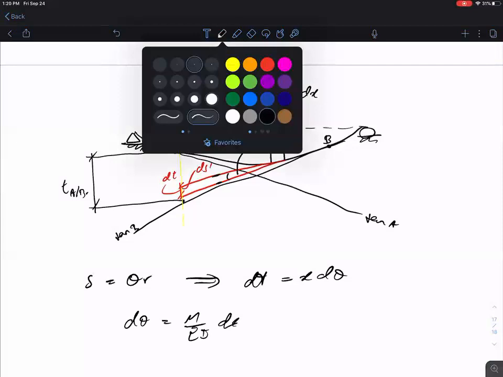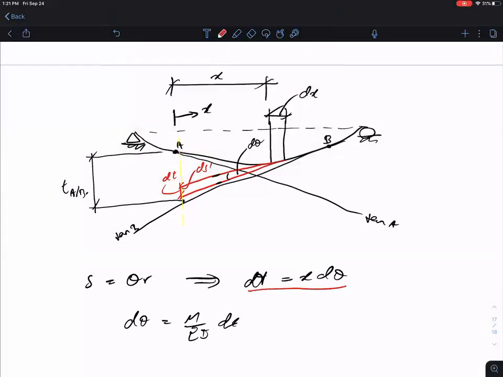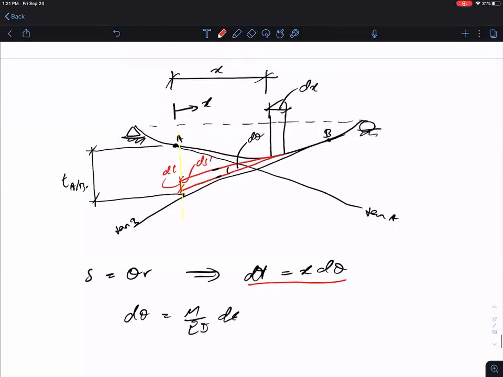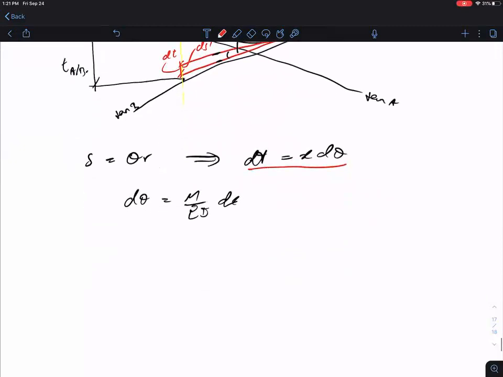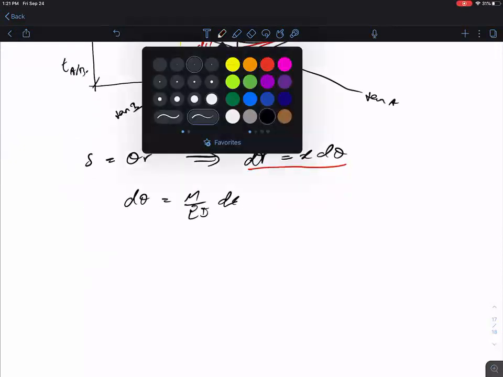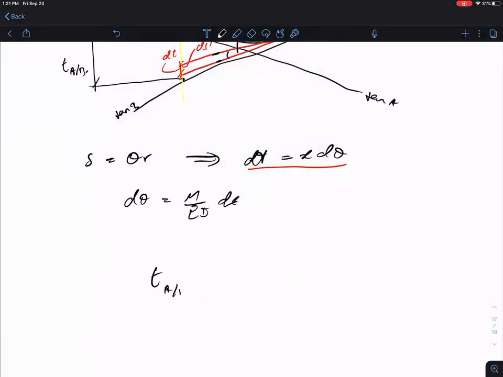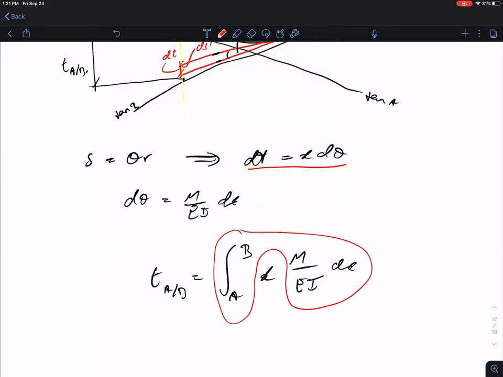So if we take this relationship and we apply it to find the vertical deviation of tangent A with respect to tangent B, we get this relationship. Right, where this part of the equation is the area under the M over EI diagram.